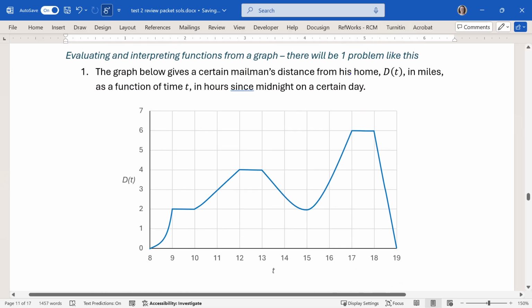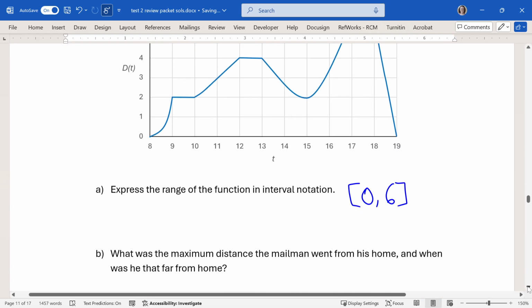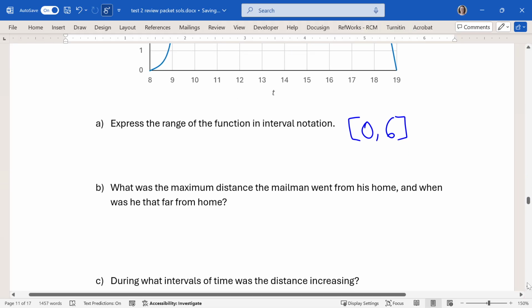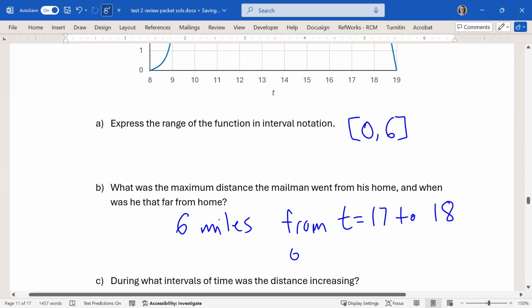And then I think that's hours since midnight, so 17 o'clock is 5 p.m. to 6 p.m. So this is going to be 6 miles, and then from t equals 17 to 18, or 5 p.m.